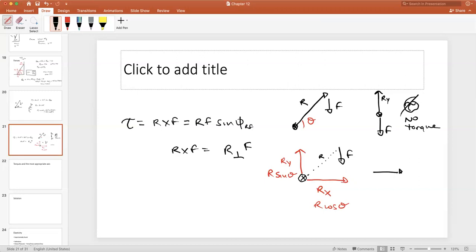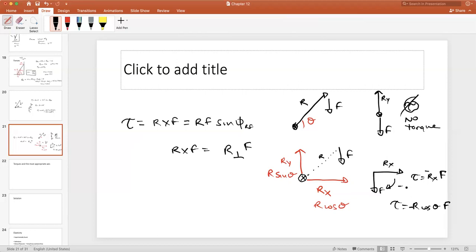However, Rx and F do have a torque. In fact, it's a negative torque. So this torque is Rx with a negative sign times F. Well, that torque is therefore R cosine of the original angle times F with a negative sign. Okay? Good enough?